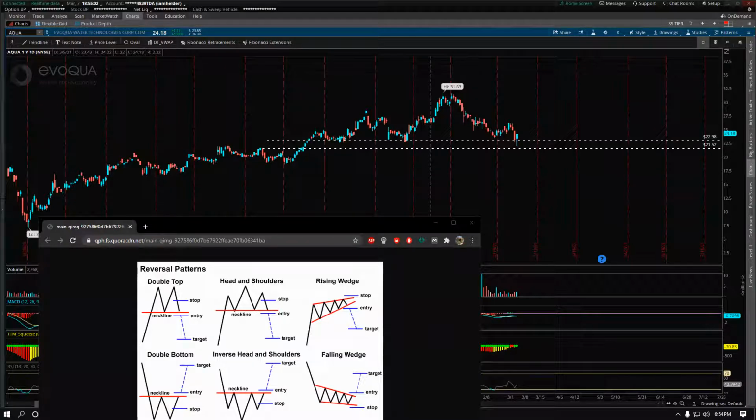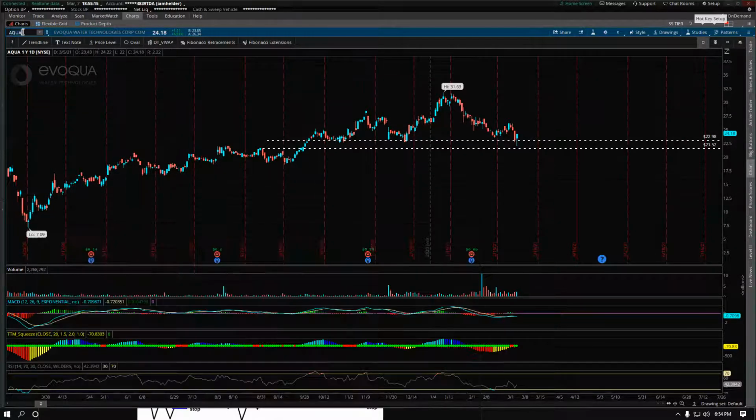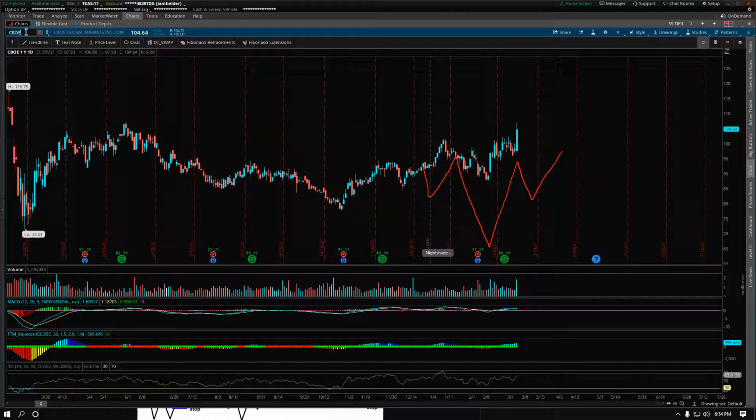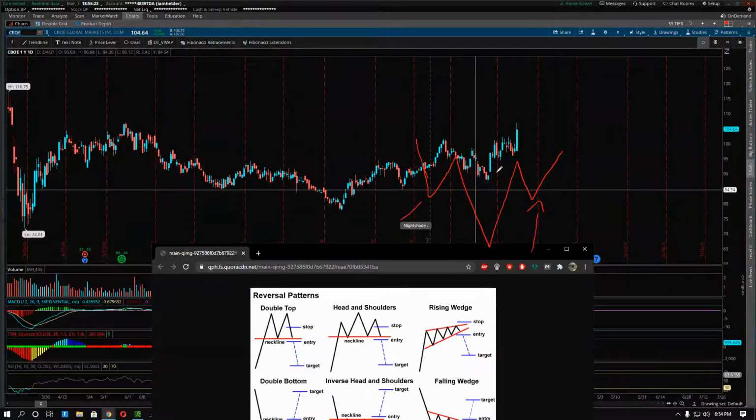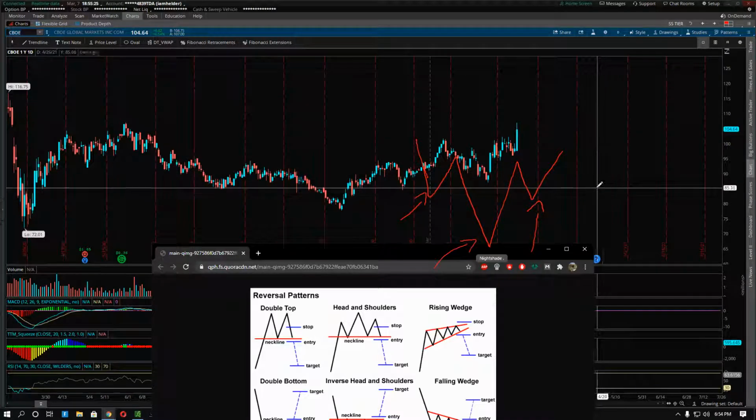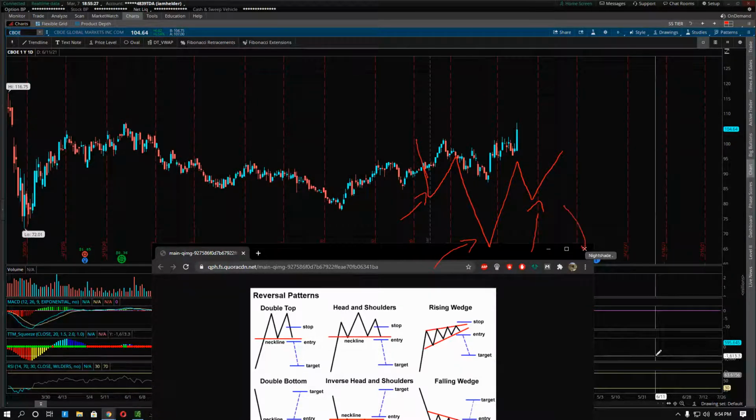Inverse head and shoulders. This is kind of forming on SPY right now as we speak. This is the opposite of head and shoulders, so it's a bullish variant. Sellers just cannot push the price down on the second run. They were able to push it down here and won again over here, but this time they were not able to push it down.